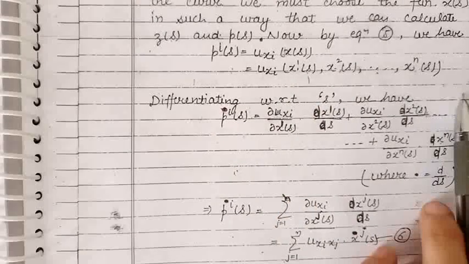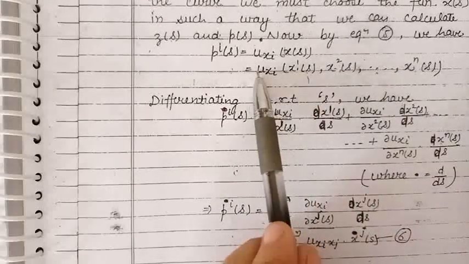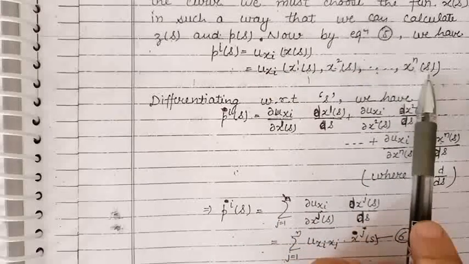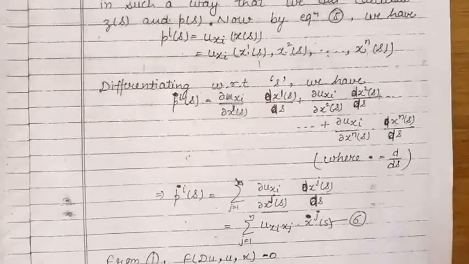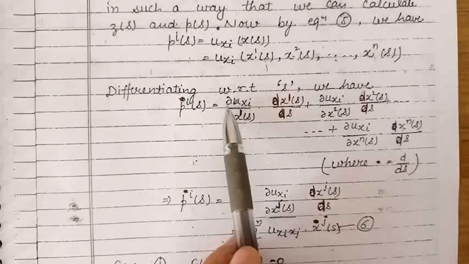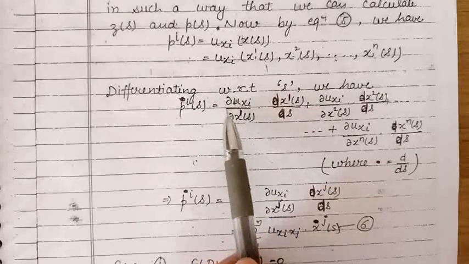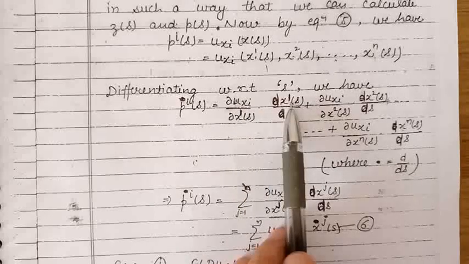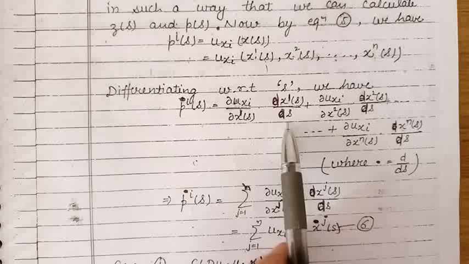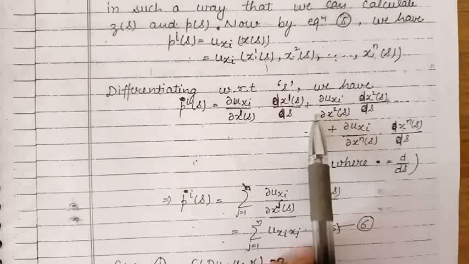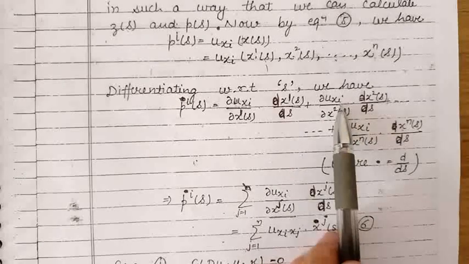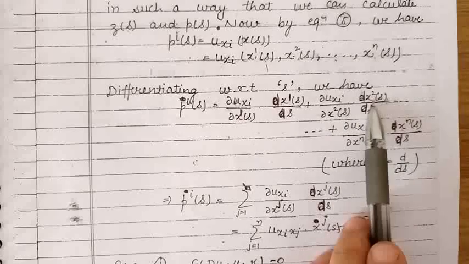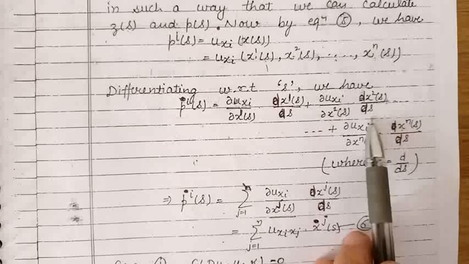On the right side, because ∂u/∂xi is a function of n variables, by using the chain rule of differentiation, we have on the right side the partial derivative of u_xi with respect to x1 times the derivative of x1 with respect to s, plus the partial derivative of u_xi with respect to x2 times the derivative of x2 with respect to s.